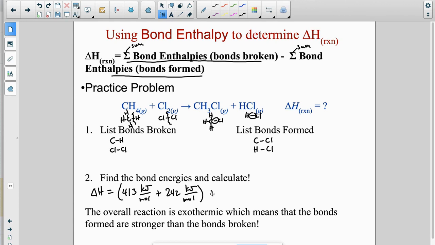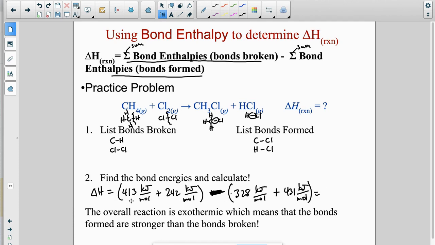And then we have to subtract off, that's a big subtraction sign, the bonds formed. So CCl is 328 kilojoules per mole plus 431 kilojoules per mole.